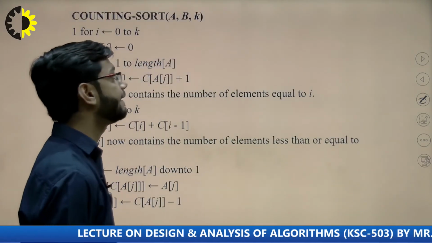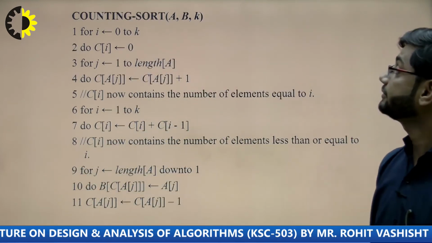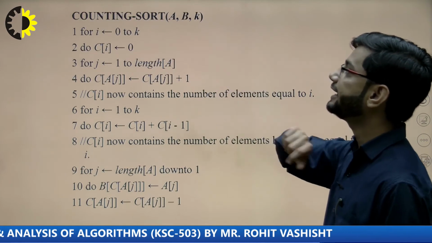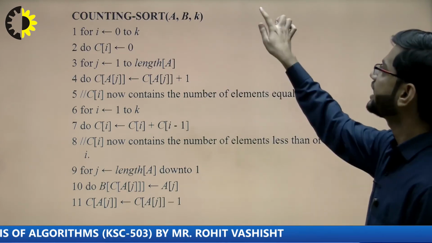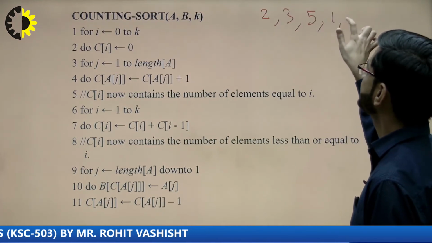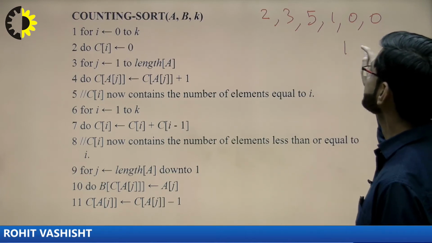So this is the counting sort algorithm. Here A is the input array, B is the output array, and k is the highest value integer. Again, I am taking the same example. Here the value of k is 5.